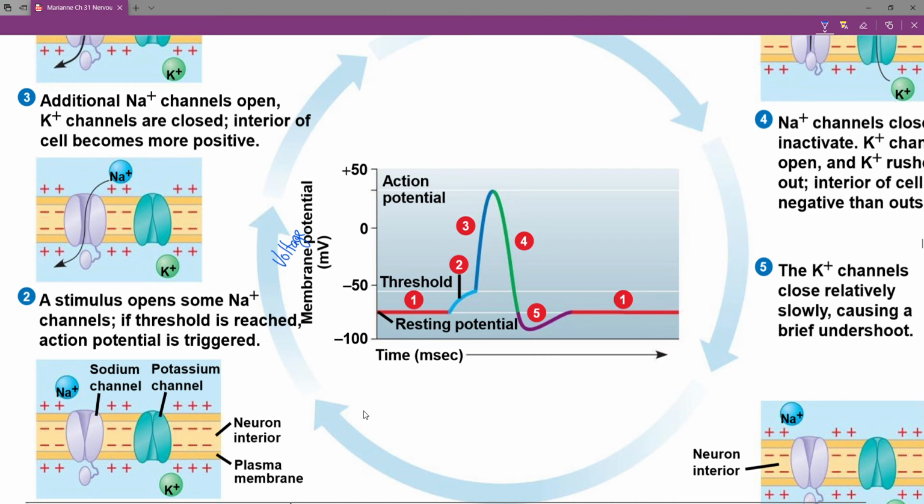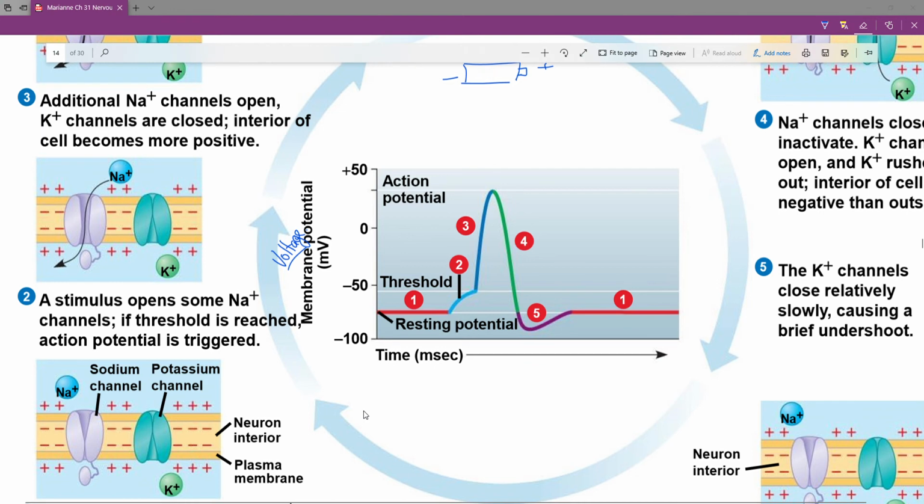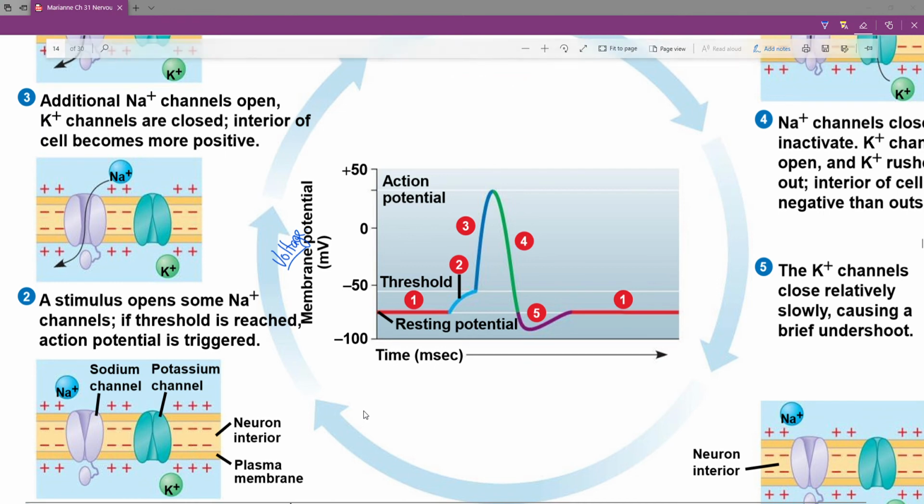If you've taken physics before, potential difference is measured in voltage, just like batteries are measured in voltage. A battery has a potential difference from one end to the other, and maybe this is a 9-volt battery. Same as that, we're talking about a change in charge, only this time it's much, much smaller because we're talking about millivolts.